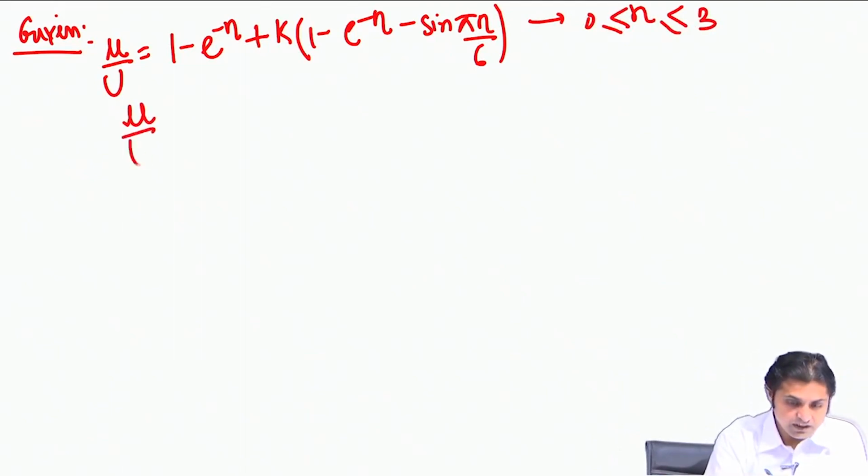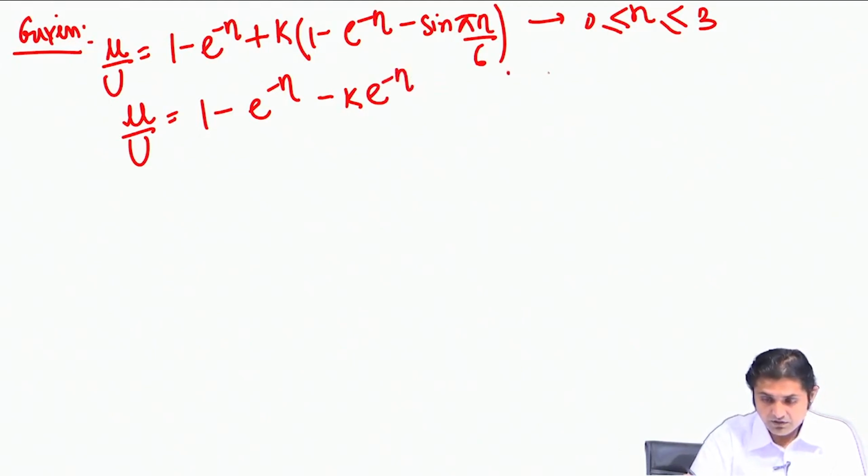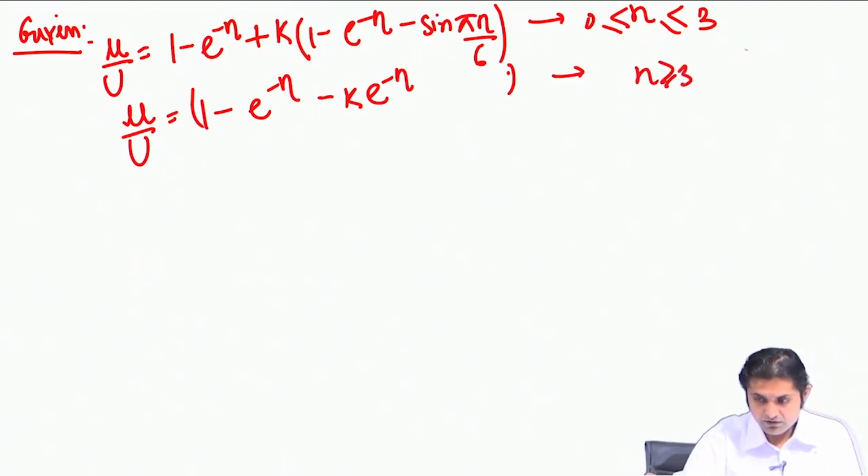Also u by capital U is equal to 1 minus e to the power minus eta minus k e to the power minus eta, for eta greater than or equal to 3.